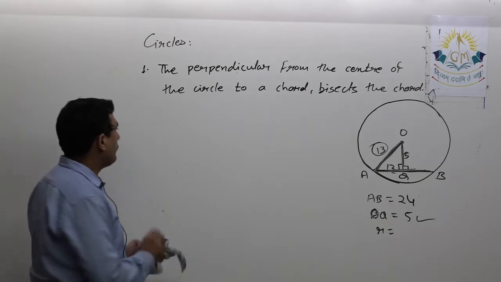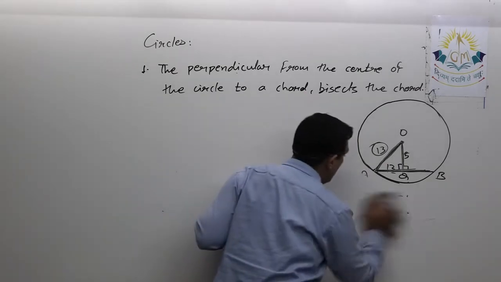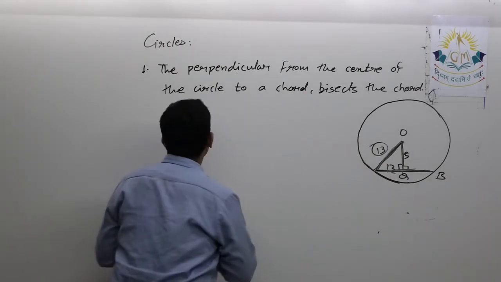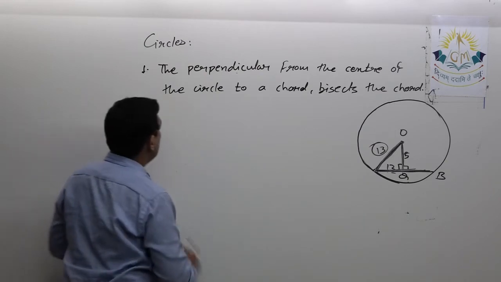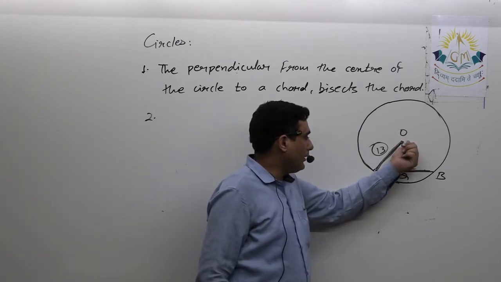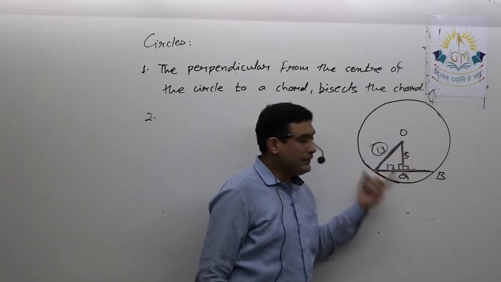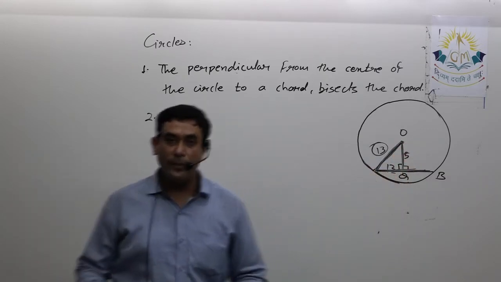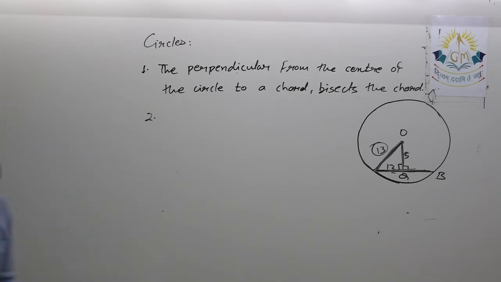Now its converse is also true. What its converse is: if a line segment is drawn from the center to the chord such that it bisects the chord, then it will be perpendicular to the chord.